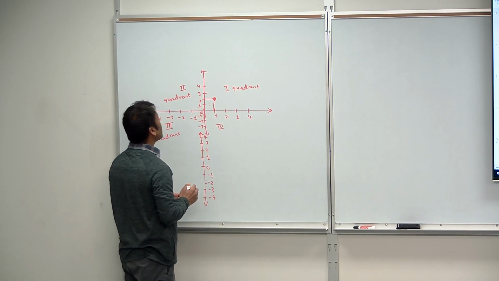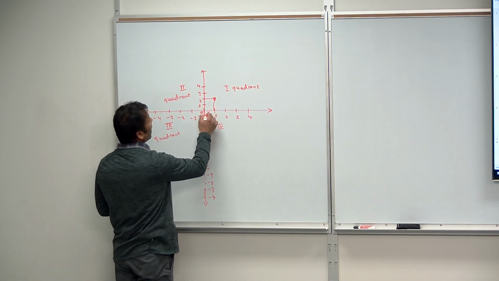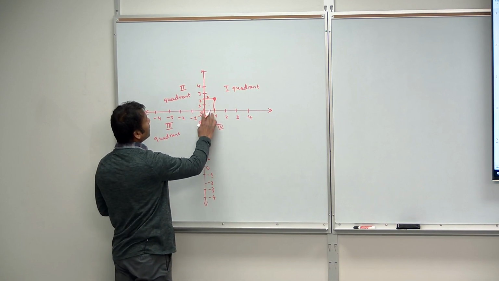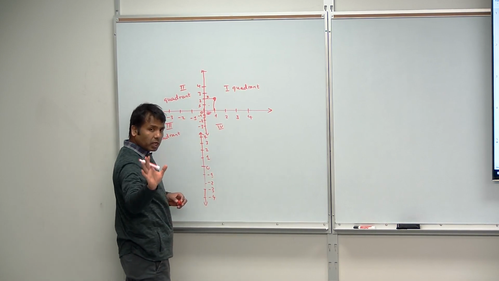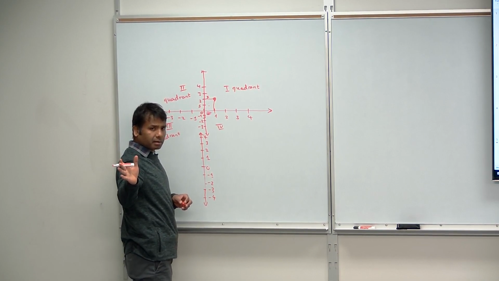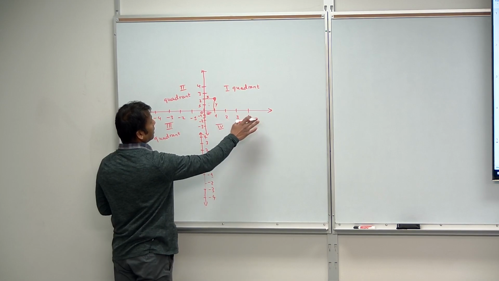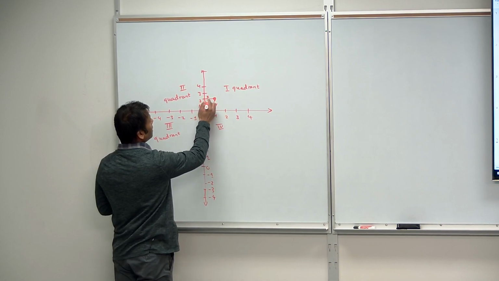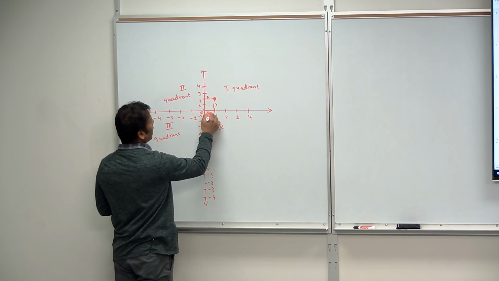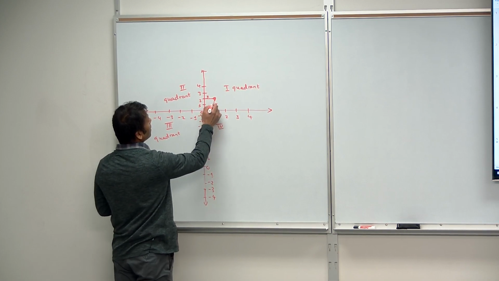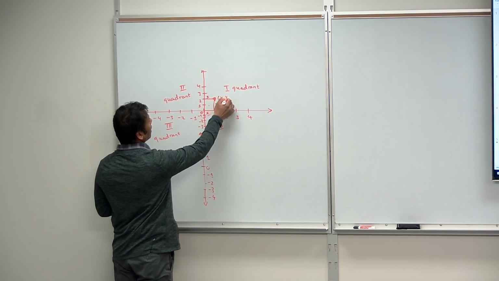If this point is at a distance of x unit from the y-axis, and y unit from the x-axis. And this is x, so this is also x. So the coordinate of this point is (x, y).